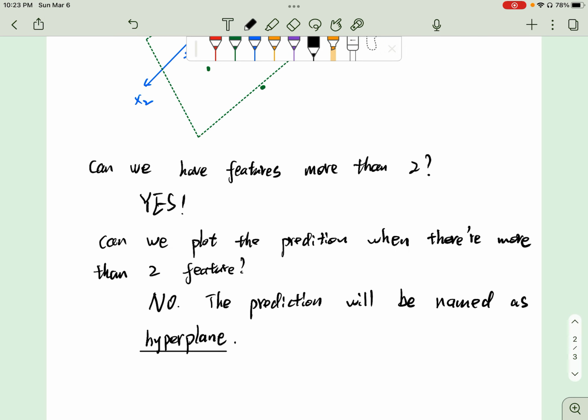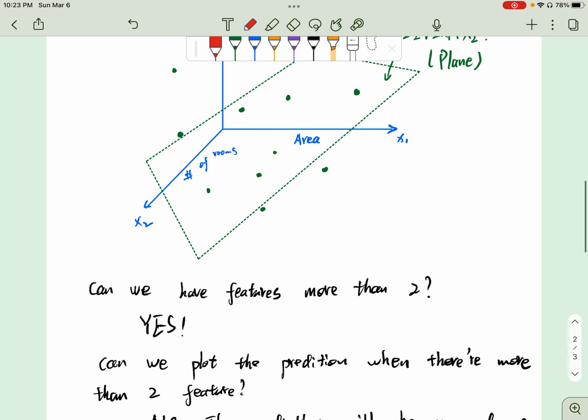This is a terminology that we will often use in linear regression problems.